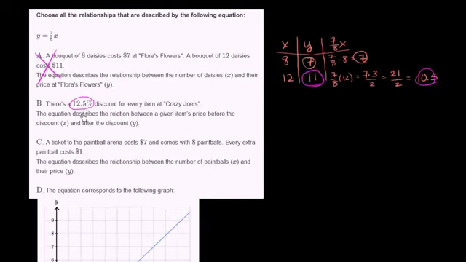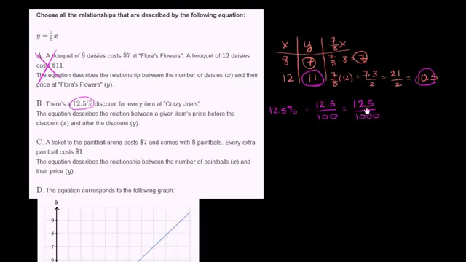So 12.5% is the same thing as 12.5 over 100. And if we multiply the numerator and denominator by 10, that's the same thing as 125 over 1,000.